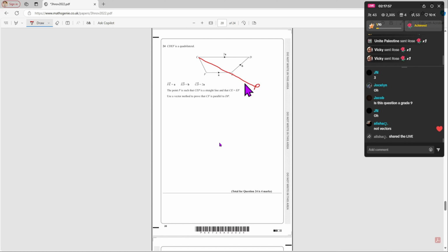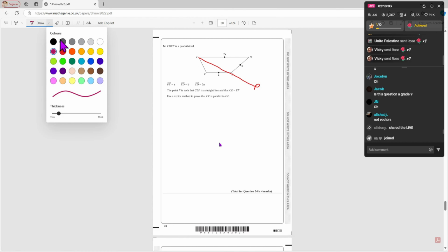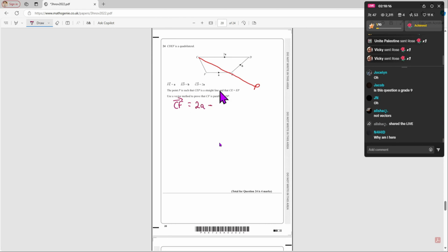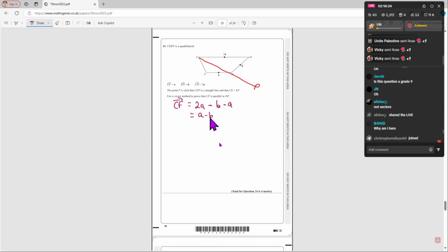Okay? So now, first thing we're going to do, we're going to work out the vector CF. So the vector CF is going to be C to F, which is going to be 2A, minus B, minus A to work out this specific vector over here. It's going to be equal to A minus B. Remember that.